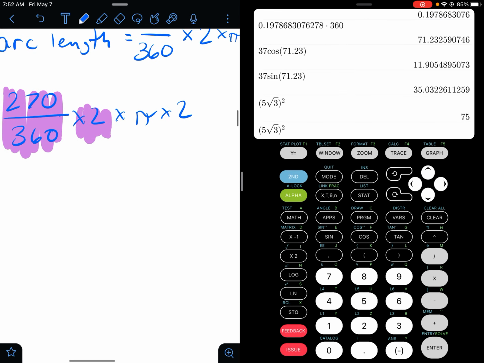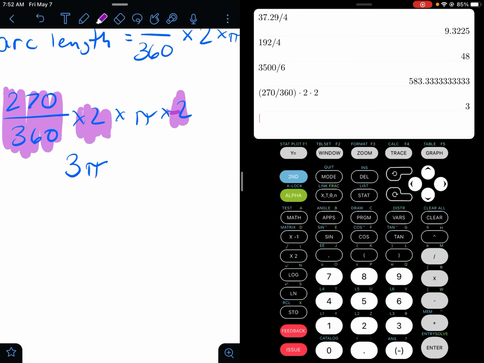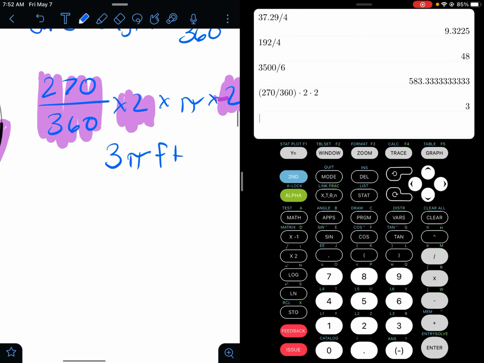So we're going to do 270 divided by 360 times 2 times 2, and we get 3. So we're going to do 3 pi. Again, I multiplied 270 divided by 360 times 2 and 2, and then just slap the pi on there. And the units here are feet.